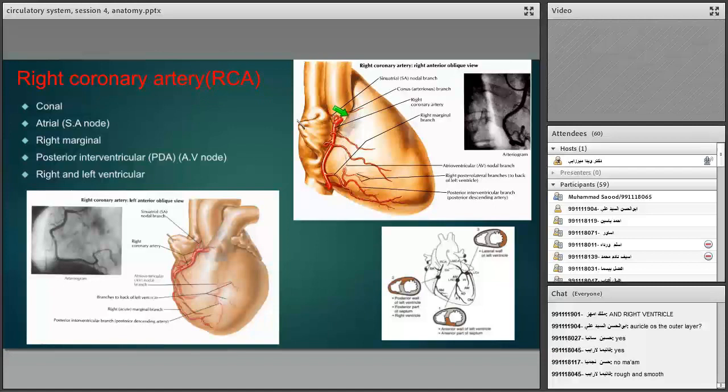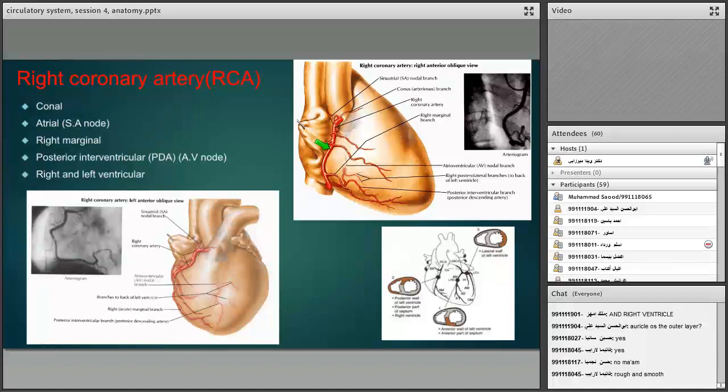If we want to see the right coronary artery, we have to raise the right auricle like this slide. We have to raise it to see the right coronary artery. The right coronary artery has two segments and also some branches.